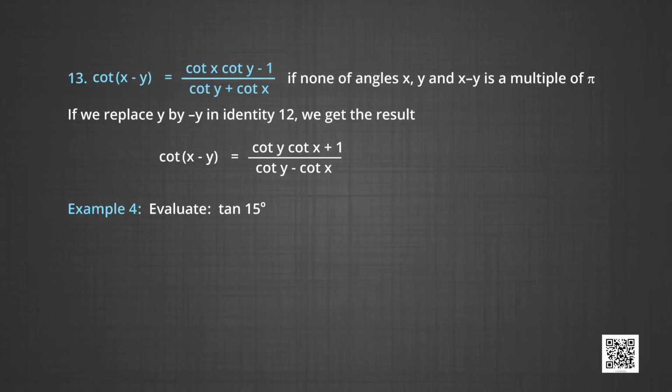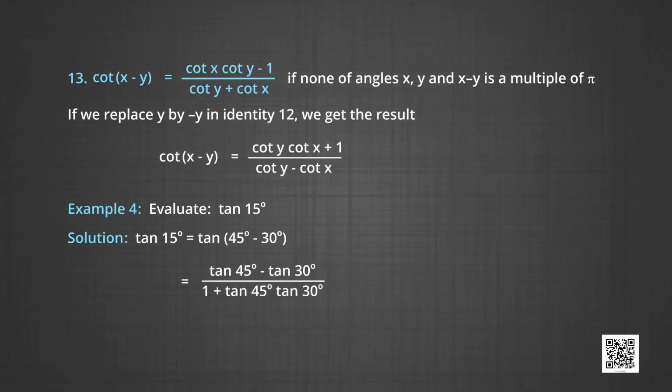Now, we will evaluate tan of 15 degrees. Tan of 15 degrees can be written as tan of 45 degrees minus 30 degrees, which using the identity is equal to tan 45 degrees minus tan 30 degrees divided by 1 plus tan 45 degrees into tan of 30 degrees. The value of tan 30 degrees is 1 by root 3 and the value of tan 45 degrees is 1.